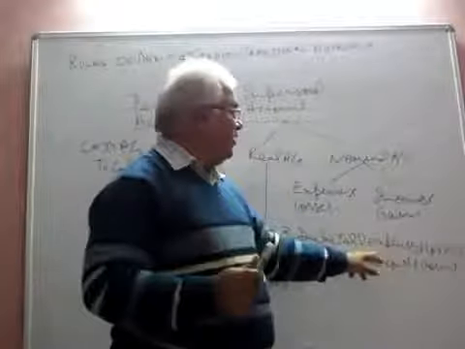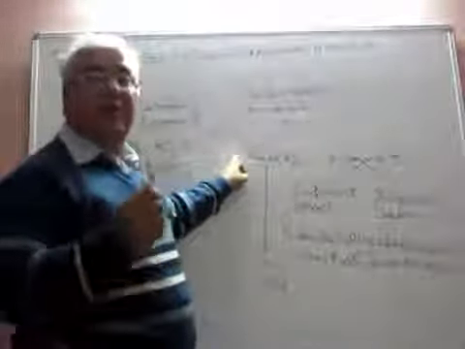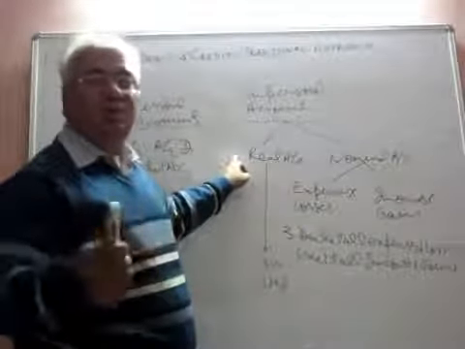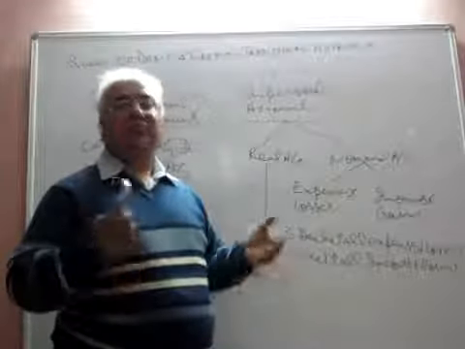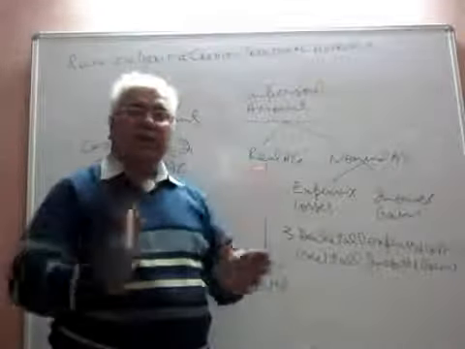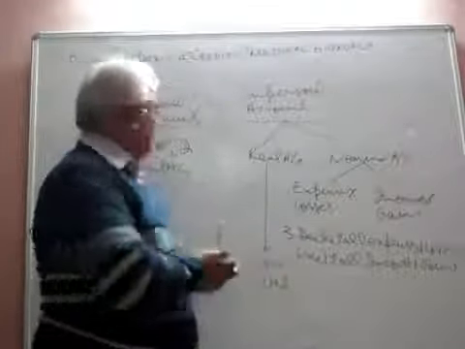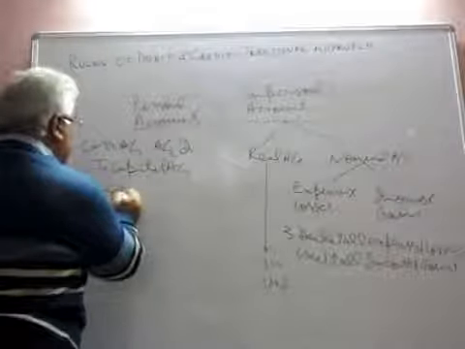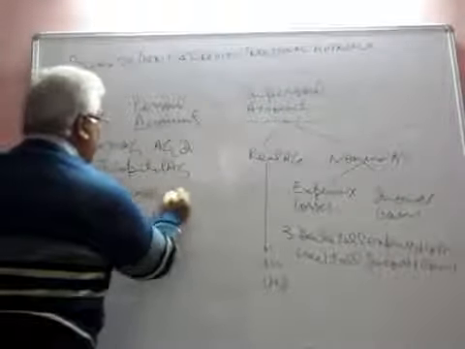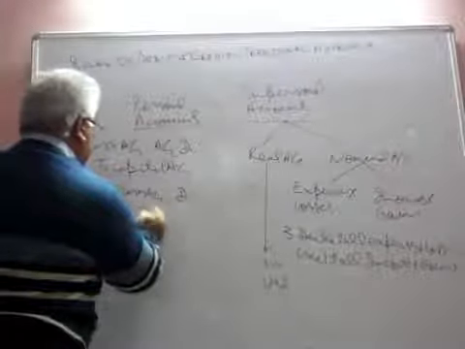And what is the rule for real accounts? Debit what comes in, credit what goes out. In this case, cash has gone out. Hence, cash will be credited. The journal entry will be purchases account debited to cash account.